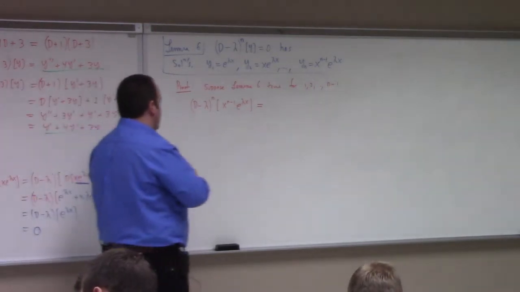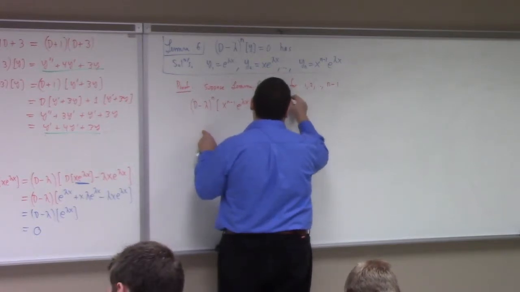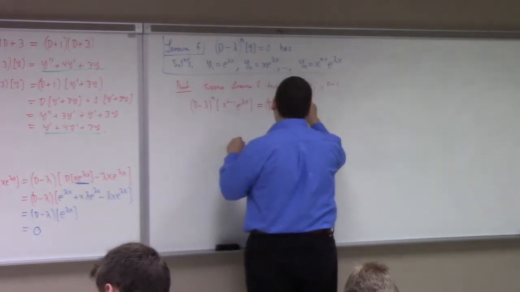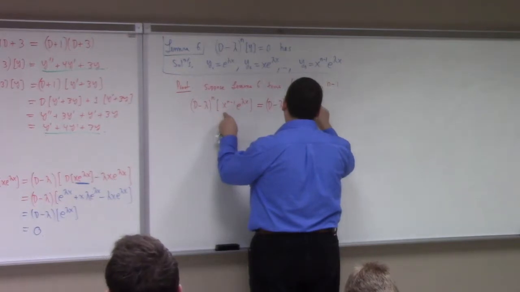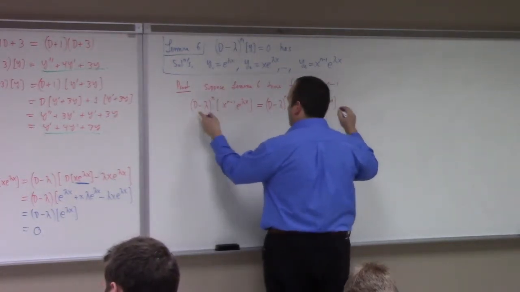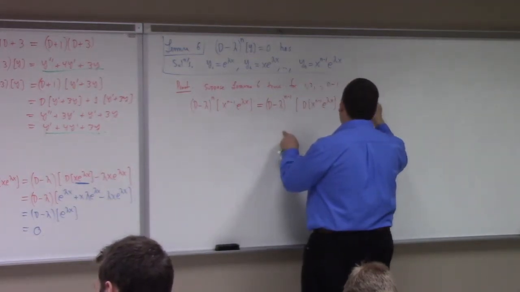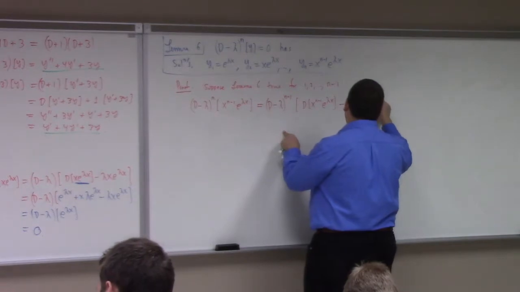What happens? Well, that's d minus lambda to the n minus 1 acting on the derivative of x to the n minus 1 e to the lambda x, minus lambda x to the n minus 1 e to the lambda x.